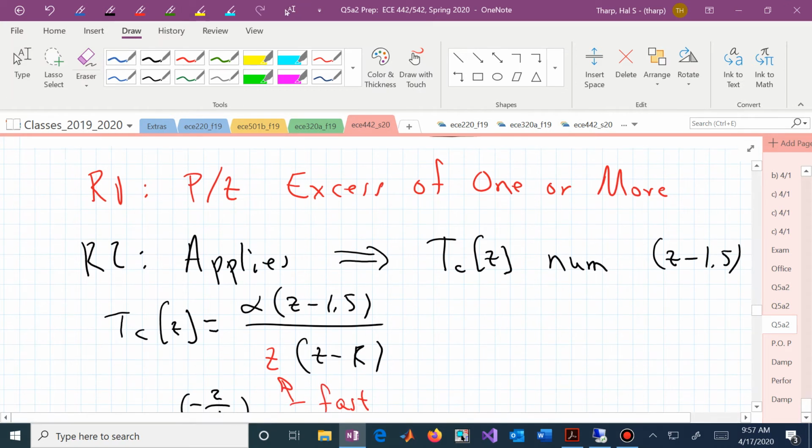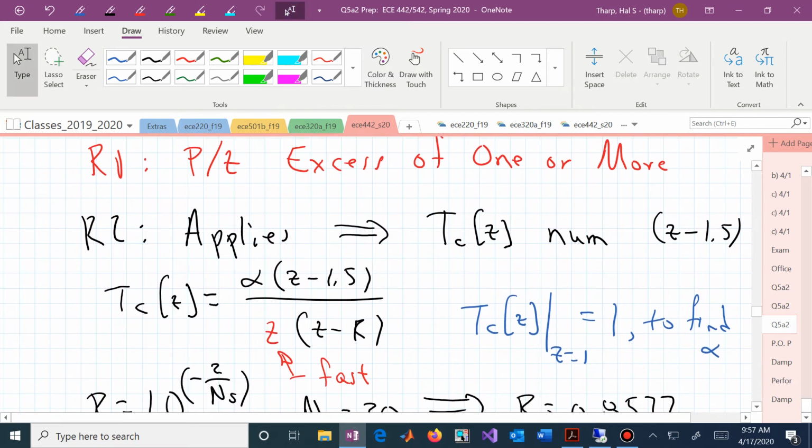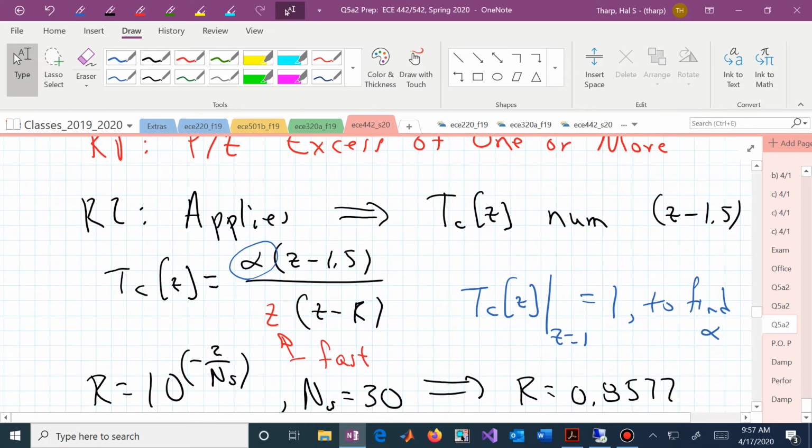But one choice might be, what if we made T sub C of Z such that it had a DC gain of 1? And you can now use that to find the alpha, and that might then be one option and allow you to find a structure for T sub C of Z that has this for its slow pole, the dominant pole.